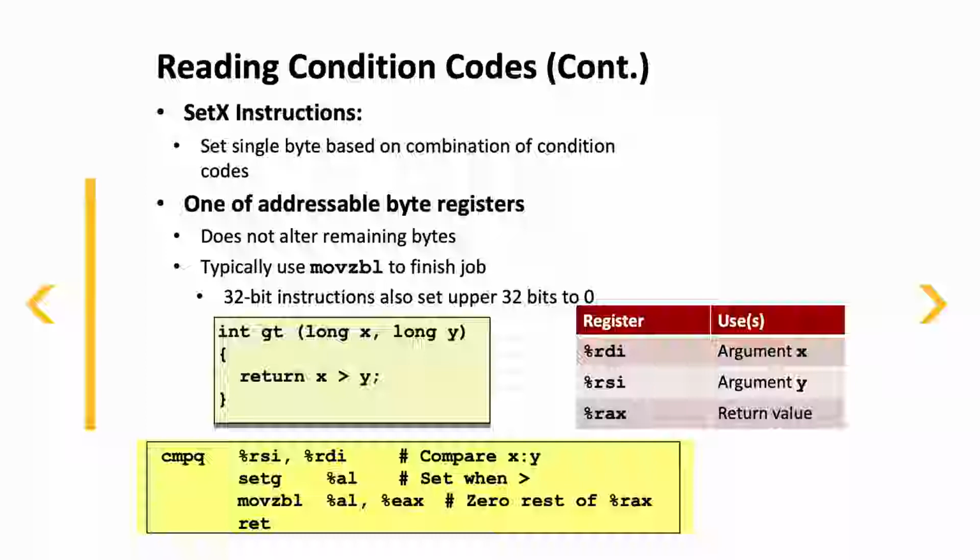So we'll move whatever's in AL, that lowest order byte, and zero out the rest of the 24 bits to get us to the 32-bit value that we move into EAX, which by default zeroes out the rest of RAX, and then we'll go ahead and return. And what that's done is give us our return code, our 0 or 1, in EAX, which, again, since we've zeroed out the upper bits, means RAX is just going to be that Boolean value. It's going to indicate that true or false for us.